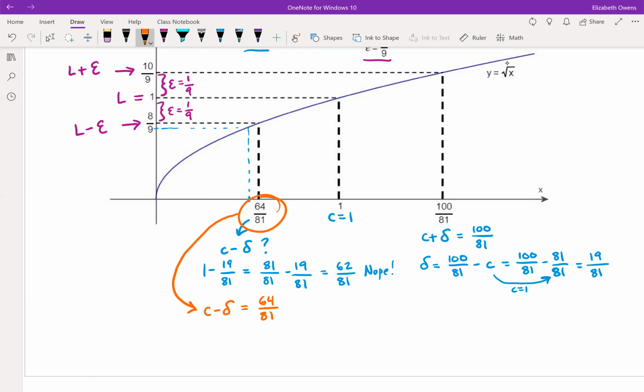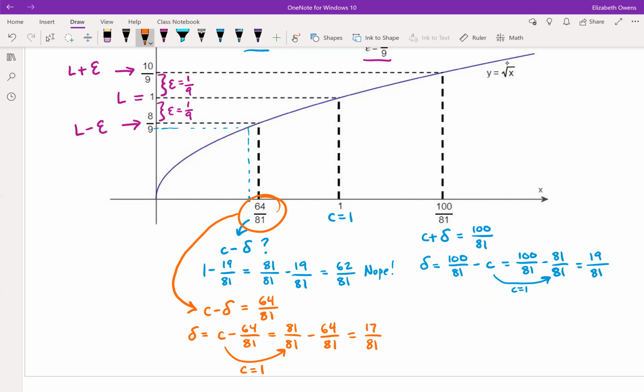So delta would be c minus 64 over 81. And c equals 1 still. So we would do 81 over 81 minus 64 over 81, and that looks like 17 over 81.